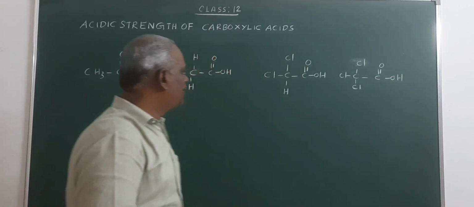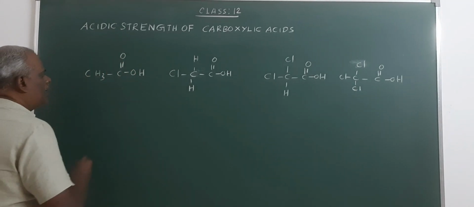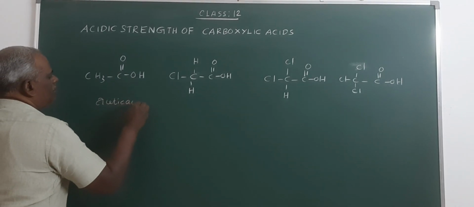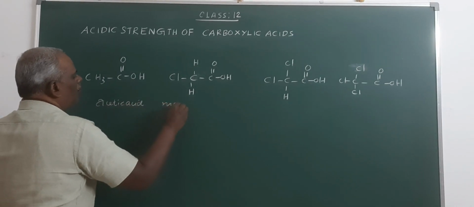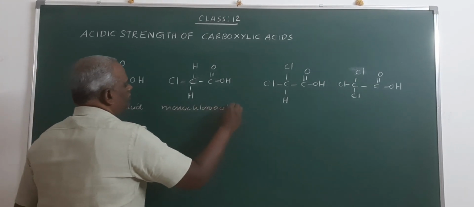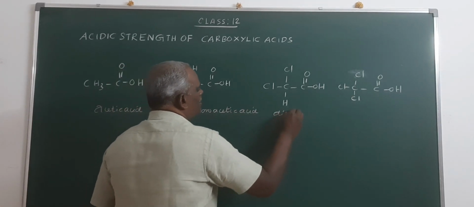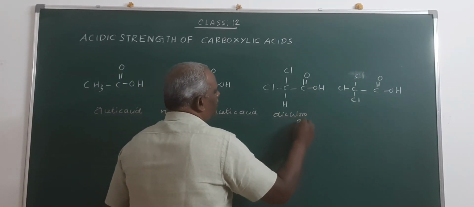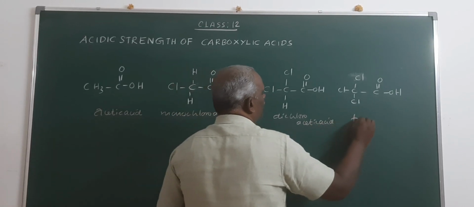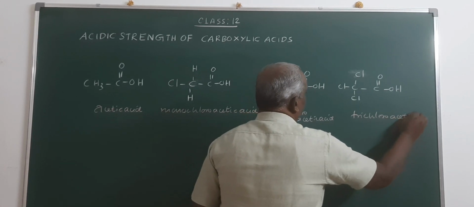So 4 acids are written here. The compound's name is acetic acid. This is monochloroacetic acid, and this is dichloroacetic acid, and this will be trichloroacetic acid.